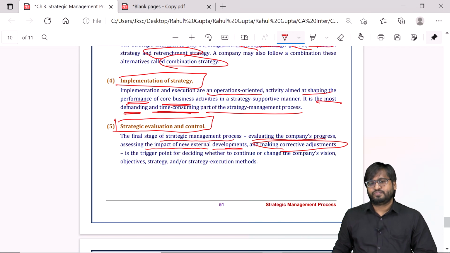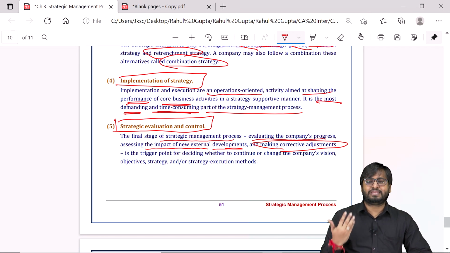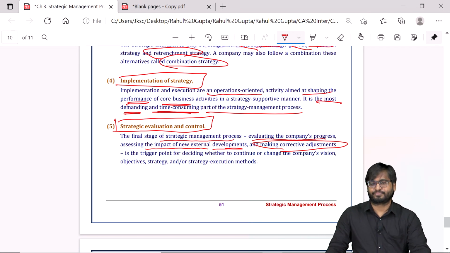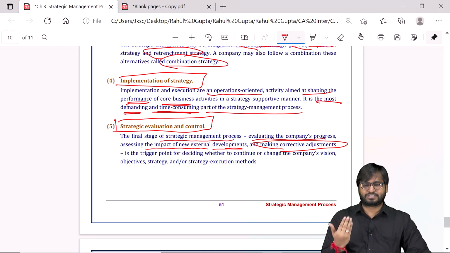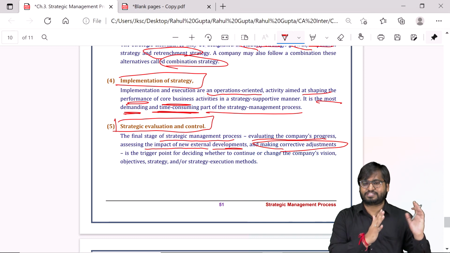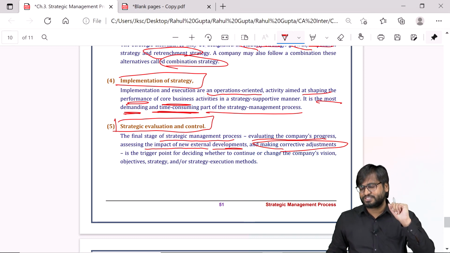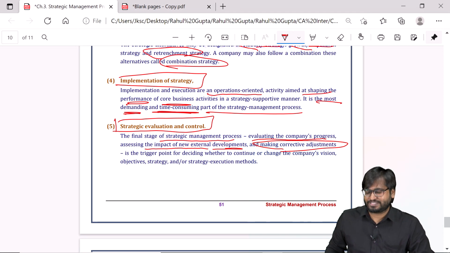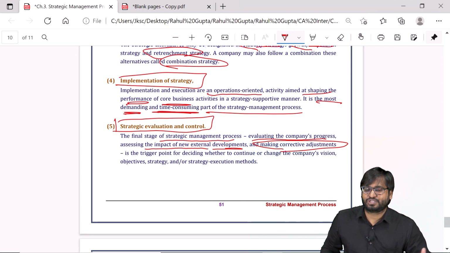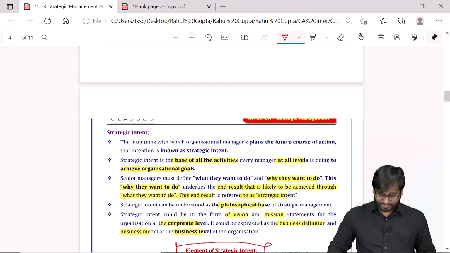Thereafter we did the strategic management model, and in it we discussed that diagram, 3 phases, 5 stages. We also discussed one question. What was that question? What are the principal aspects in the strategy execution process, right?